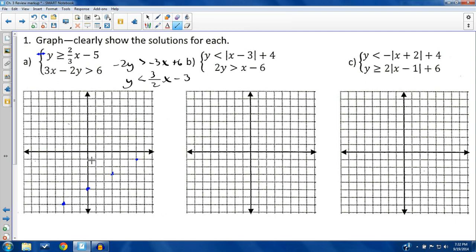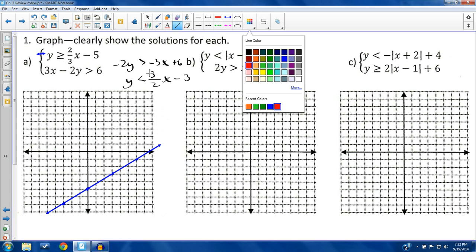And so your graph looks a little bit like that, and I'll make it a little taller. Now, because it's an inequality, you have to notice whether it's going to be dashed or solid. This one will be solid because it's also equal to. I'll do that in a second.